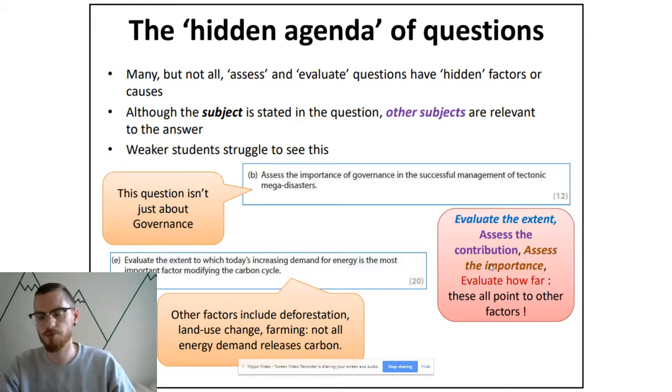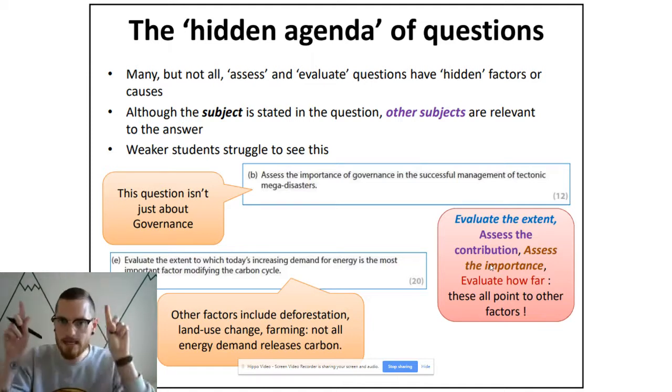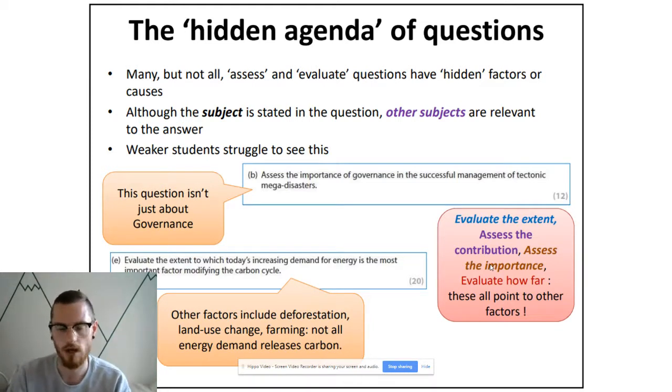Okay, so this was produced by the exam board, and it is the hidden agenda of questions, and I've been talking about this. Many, but not all, assess and evaluate questions have hidden factors or causes.